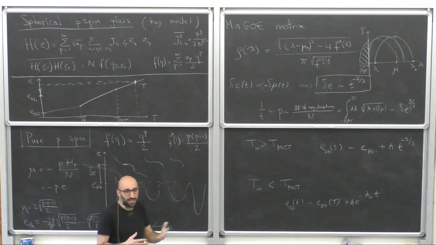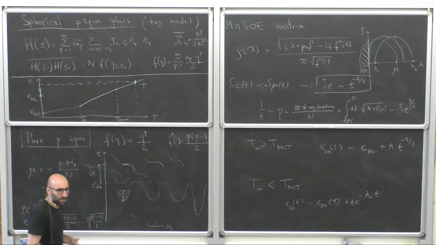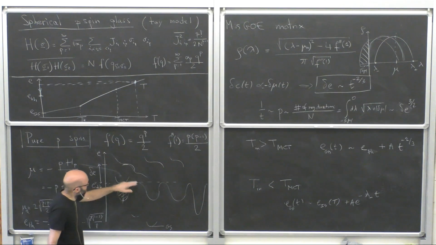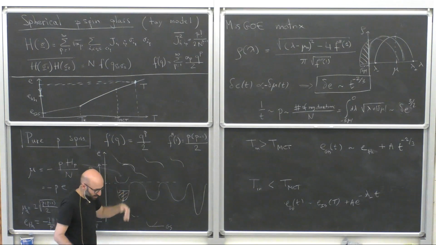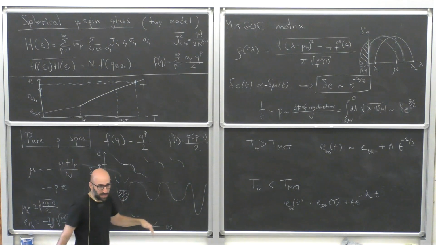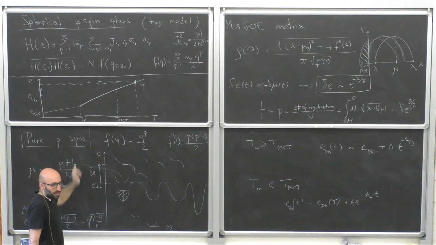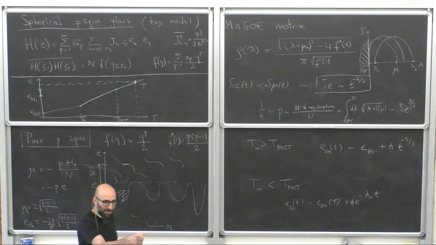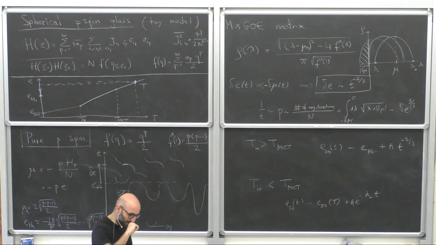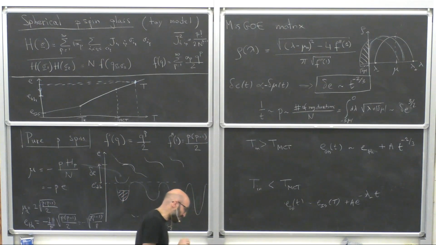So the question is, can you reach equilibrium or not? But what is clear is that the time it takes to nucleate is slower and slower when you go down, so you never reach a TK. So that's maybe related to the question that I got on the first day, what's my opinion on the existence of a thermodynamic transition in glasses.